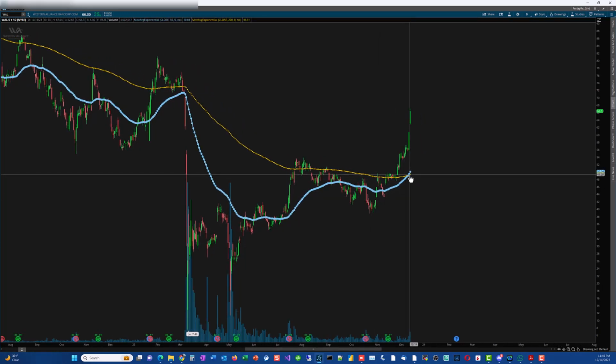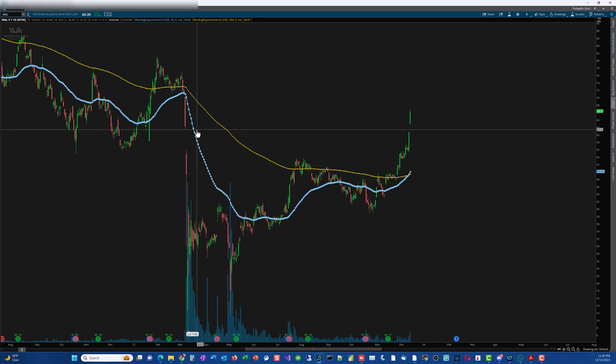All right, this cross has happened. There may be a few days that come down here, but overall what I'm seeing is higher lows, and it broke these previous two highs. It's broken this one, and it's now trying to make this one a support.